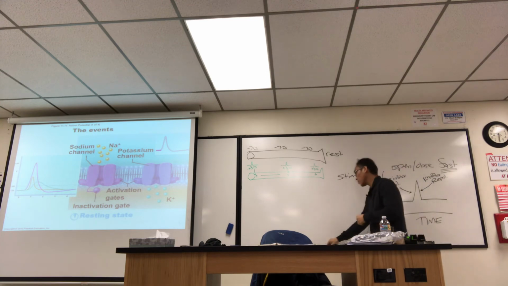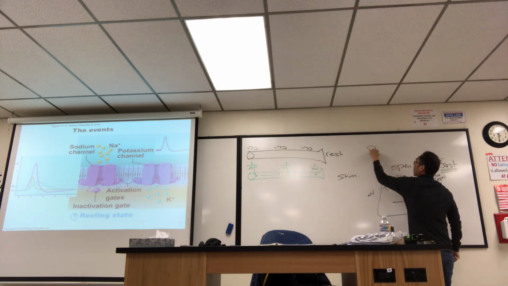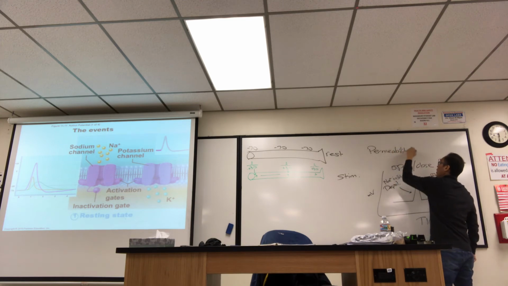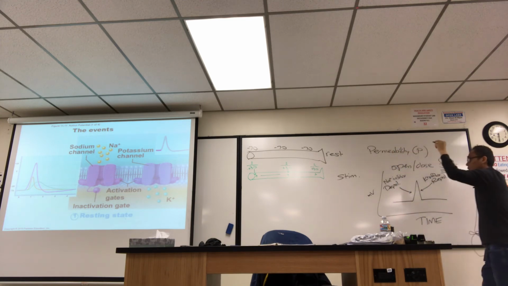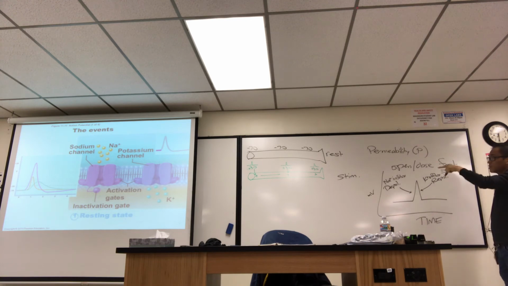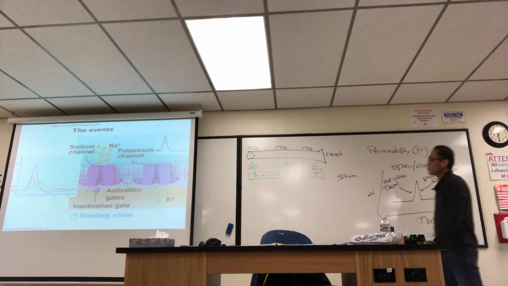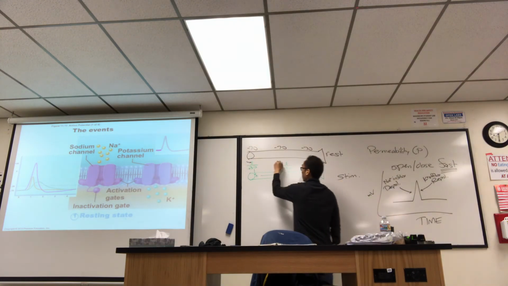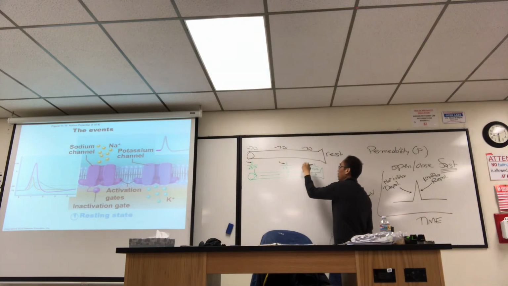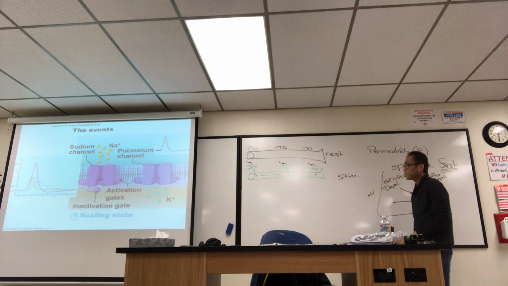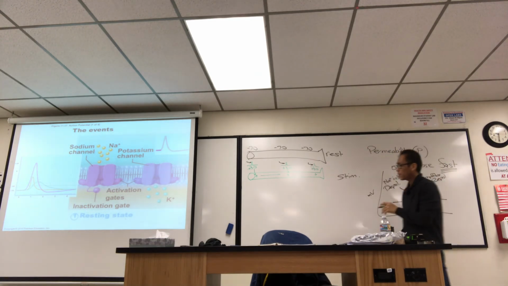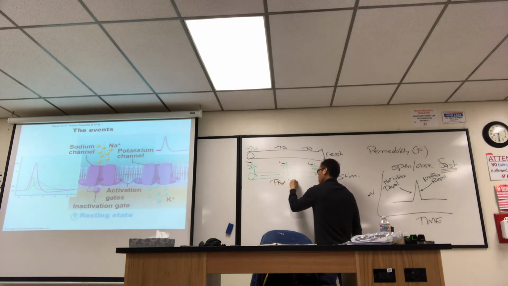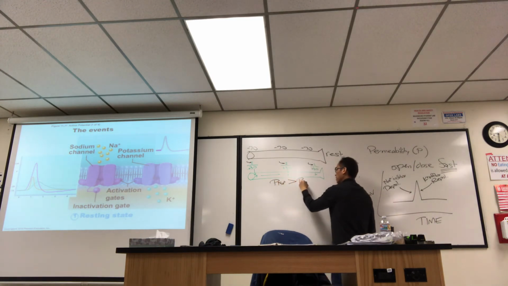So permeability, let me write that word on the board, abbreviated P. In this situation, where I'm talking about just the part of the action potential going up, as it propagates, the permeability of the cell to sodium is much greater than potassium.